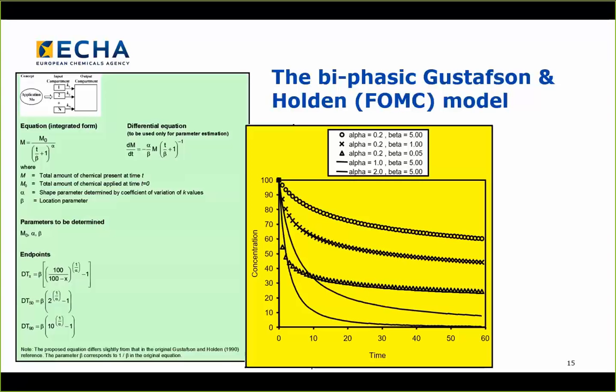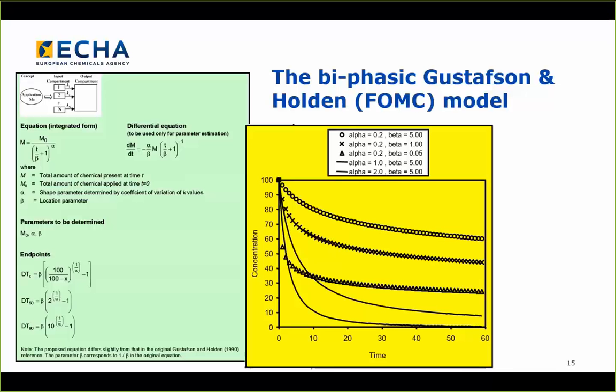And then we have these 2 new parameters, alpha and beta. Those are the 2 parameters that are used to describe the gamma distribution. And in the yellow box, we have some examples of FOMC model declines with just varying alpha and beta values.